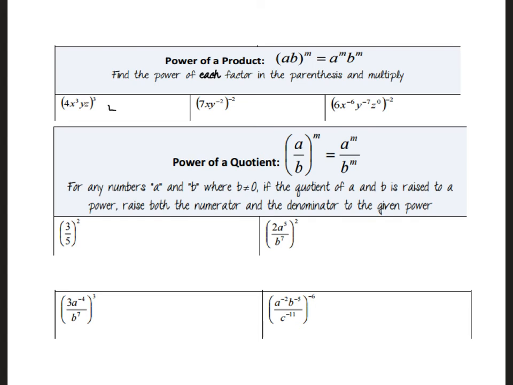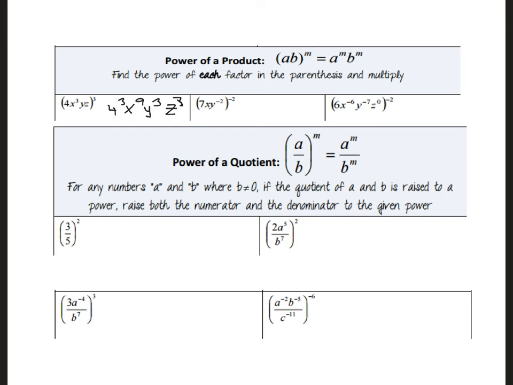This is going to be 4 to power 3, and x to power 9, y to power 3, and then z to power 3.